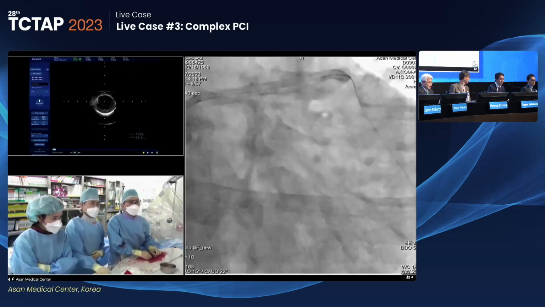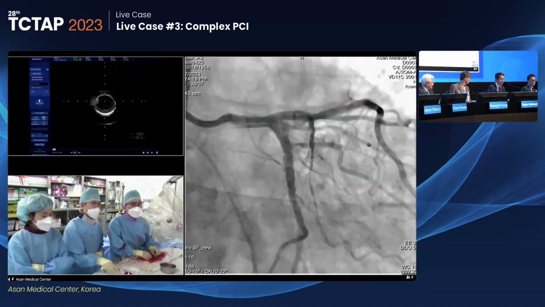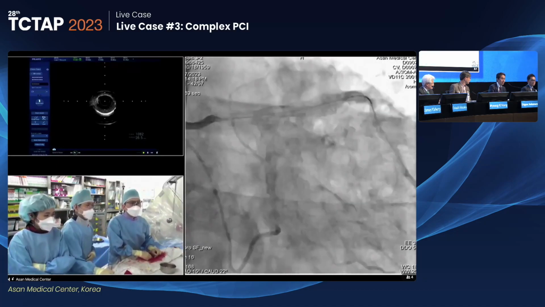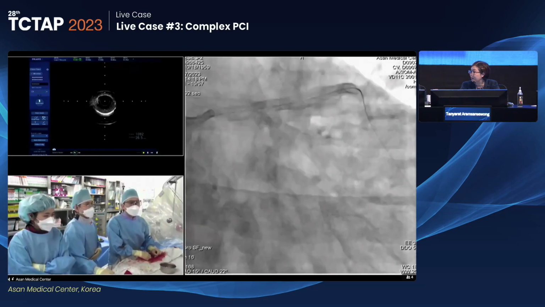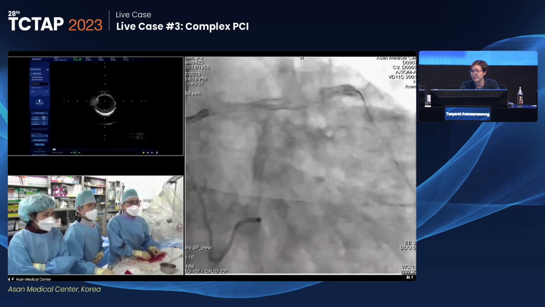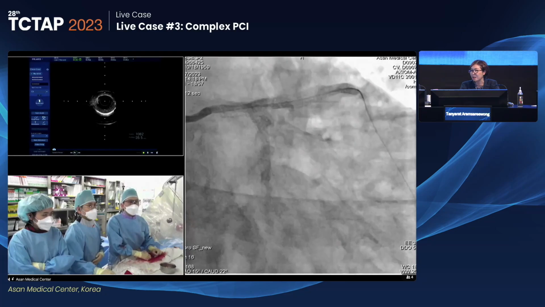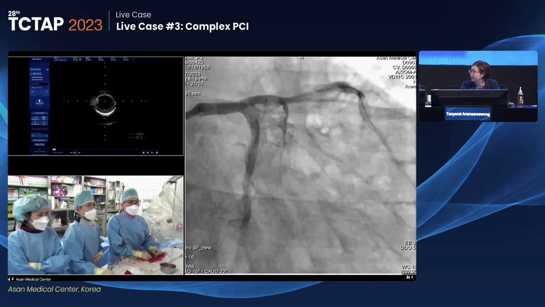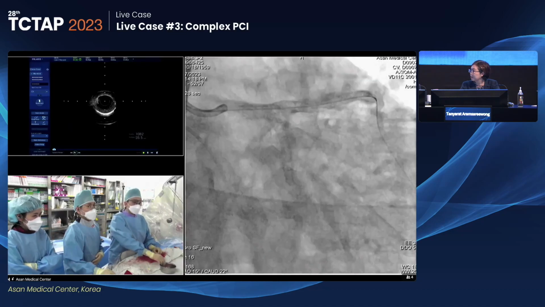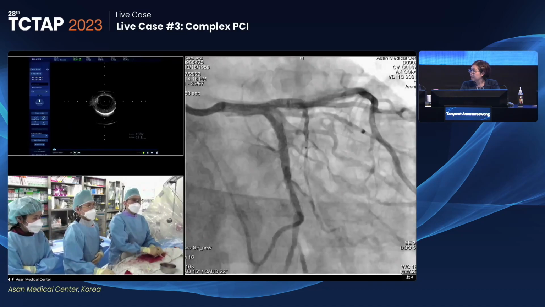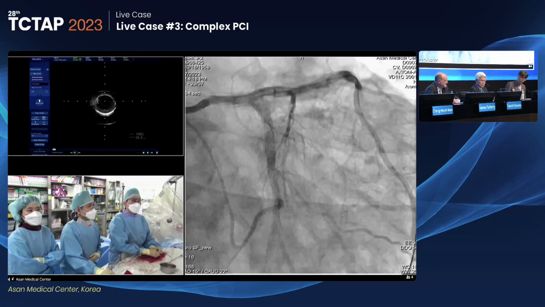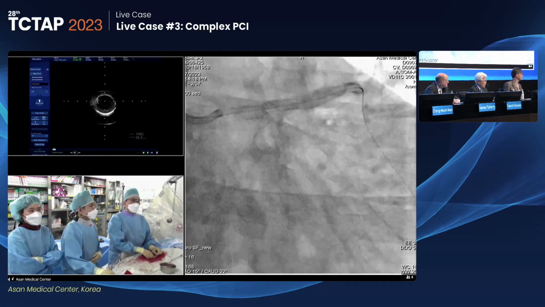Can you tell me again? If we do only the drug-coated balloon in the circumflex and inside the stent of the LAD, and see what's going on, is that another option for this case, if this were not a live case presentation? I'm not sure. They really had to aggressively balloon that and caused injury to the vessel. So I think a stent was necessary to secure the artery here. I agree. I would stent.